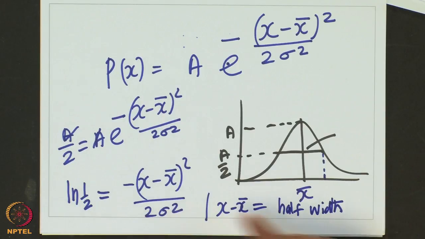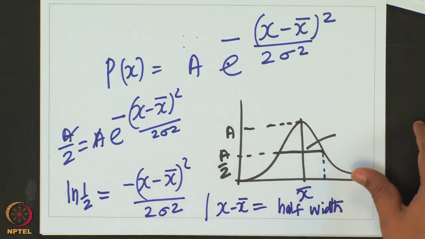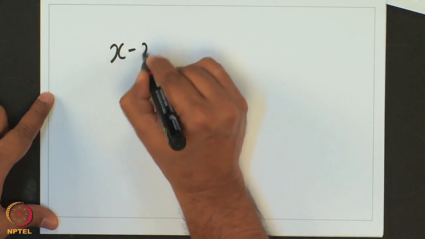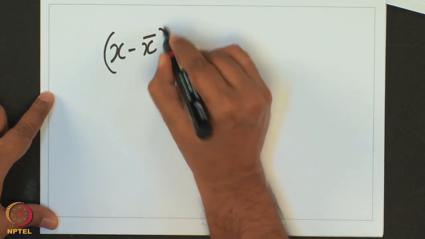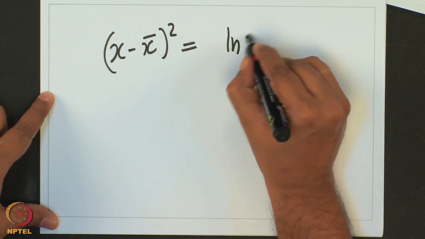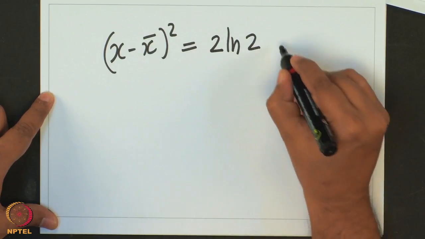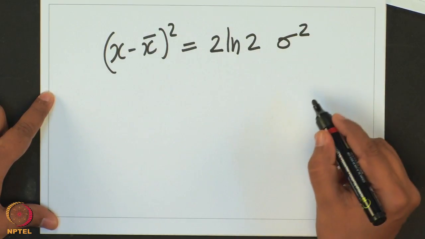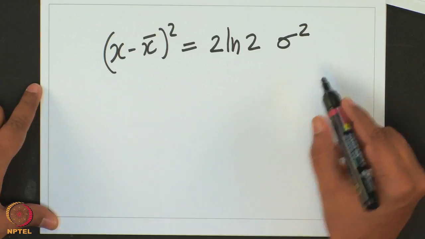If I simplify this, what would I get? (x minus x bar) whole square is equal to 2 log 2 sigma square.